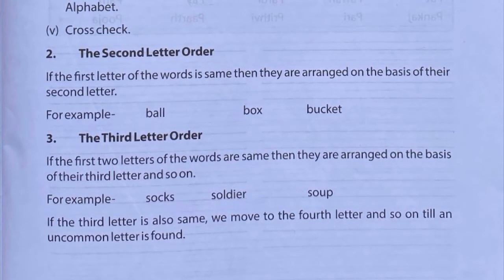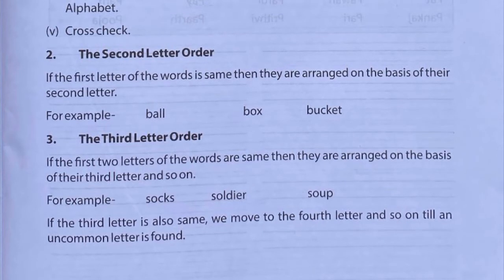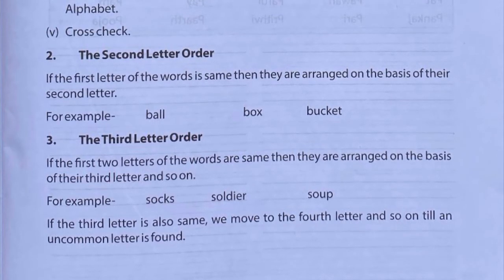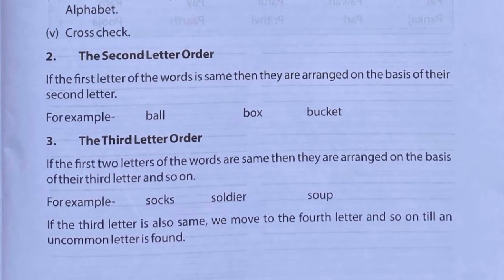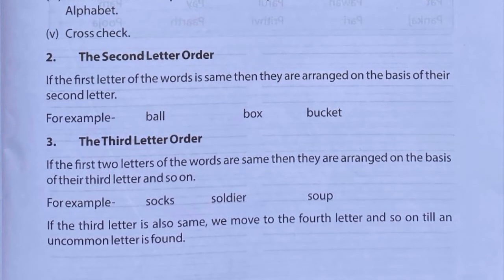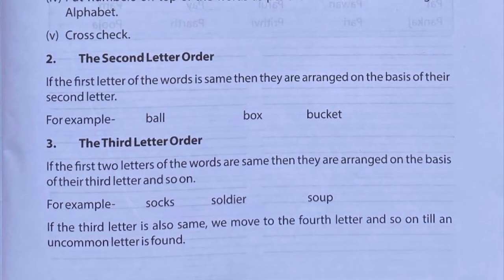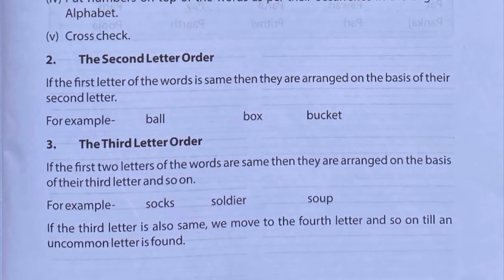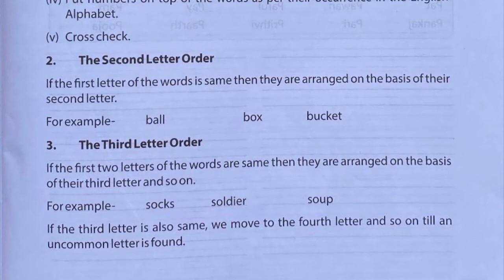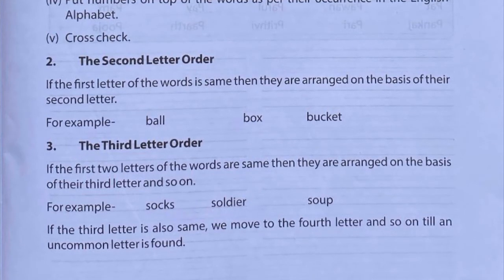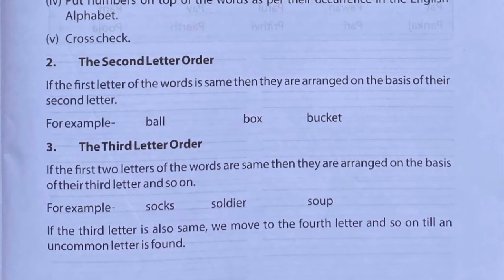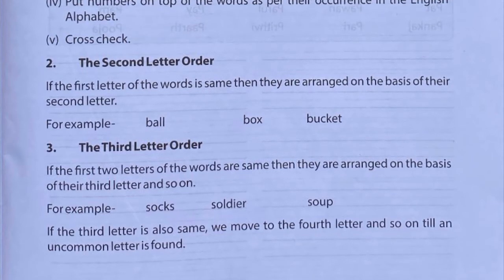If the first letter of the words is the same, then they are arranged on the basis of the second letter. Okay, as you can see here, ball, box, bucket, all the given words start with B, but we have to arrange them into alphabetical order, so we have to move on to the second letter so that we can arrange them.